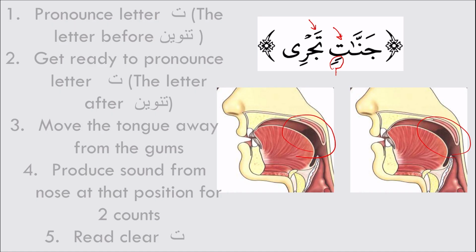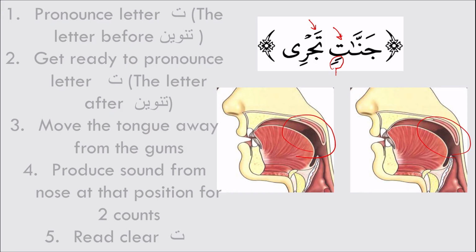So we have Ta, then Ta. Get ready, from the Ta going to the other Ta, as you are going to read ta, tit, tit. Then hold that position. Make the tip of the tongue away from the gums. Let the back of the throat be open. Then make the sound for 2 counts, and then go to the next Ta after that.